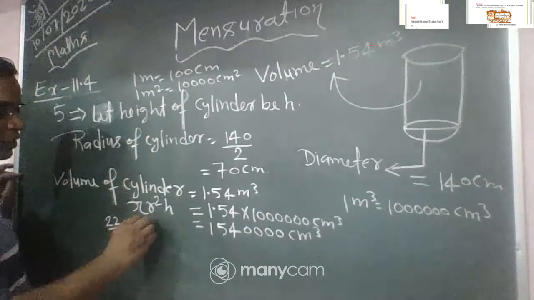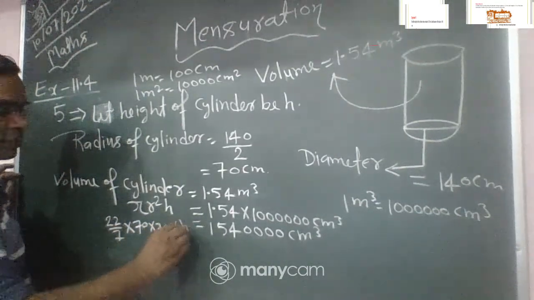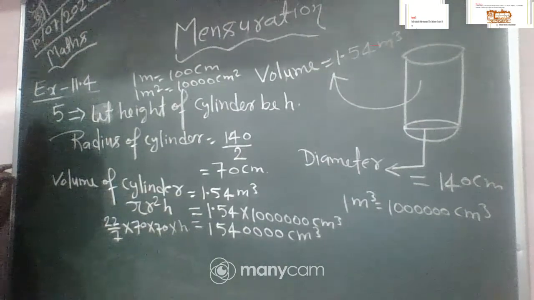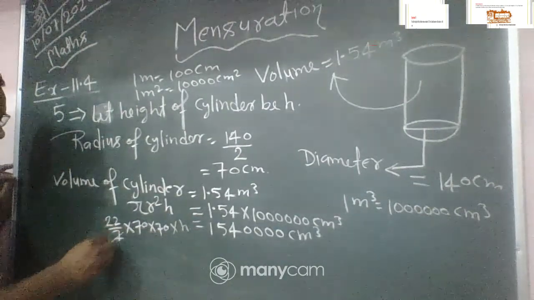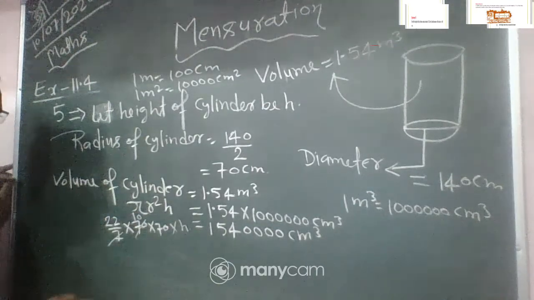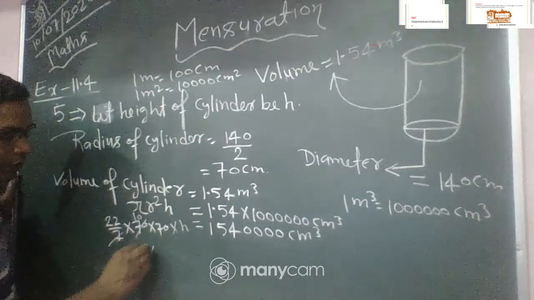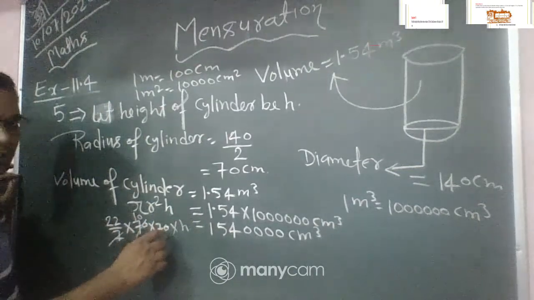So 70 into 70 into h. Clear? If you cancel it here, you have to get 10.